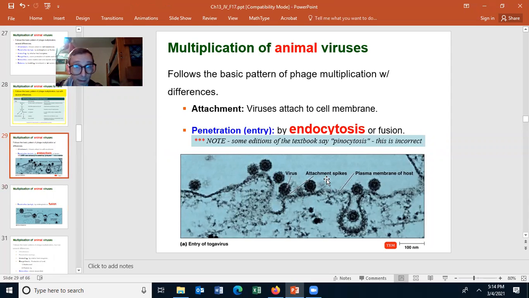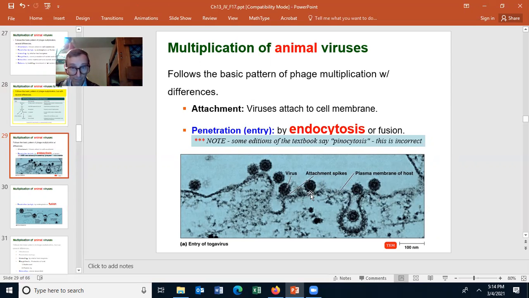The other way that they can get into the cell is by fusion, and that is a virus that has an envelope. That envelope is a lipid bilayer, made of phospholipids. And the lipid bilayer of the envelope can fuse to the cell membrane.